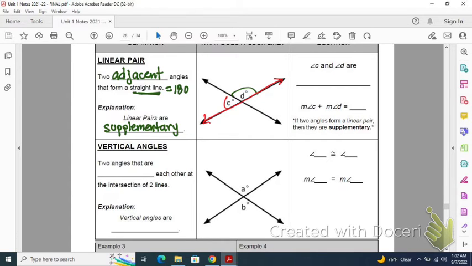If you were to add an x and a y right here, x and y would be a linear pair. X and C would be a linear pair, and D and Y would be a linear pair. If you notice, all of those can make a straight line, the ones I mentioned. Okay, so angle C and angle D are linear pairs.